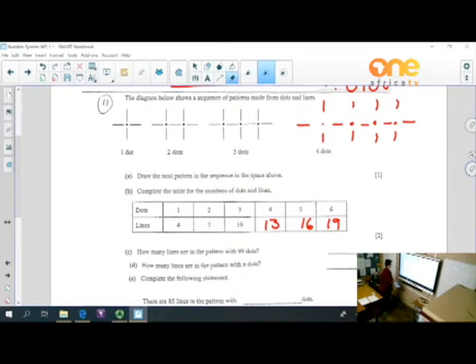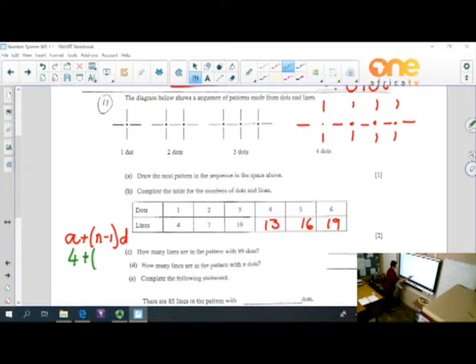Now, there's a very nice formula, A plus (N minus 1)D. And this works actually very nice if you know this. So A is your first term. The first term here is 4. N stands for the number 99. So what is 99 minus 1? 98.